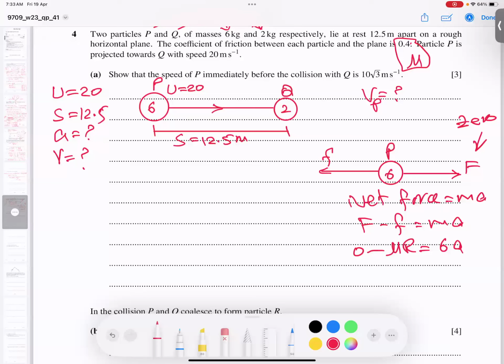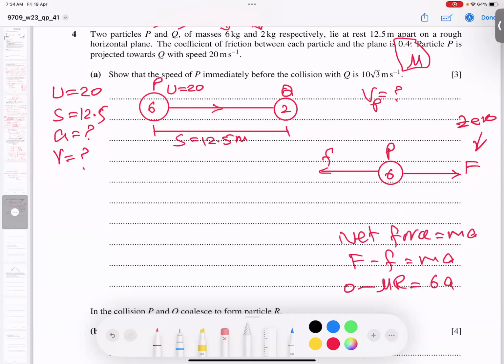R is, if you see carefully, let me drag this down slightly. When it's placed on a surface, its weight acts downwards and R acts upwards. This is 6 into 10, 60 newtons.